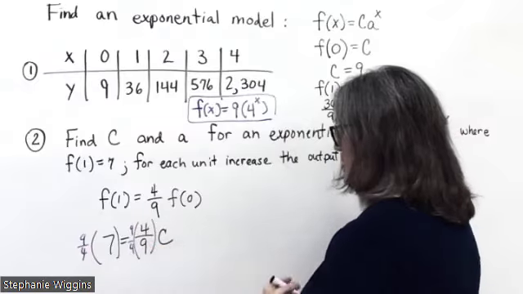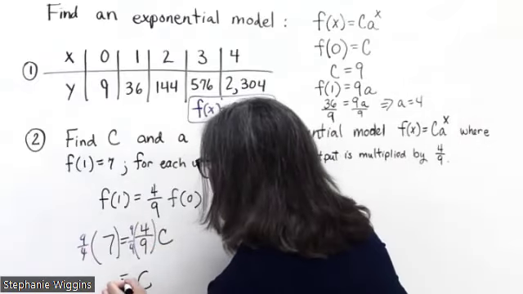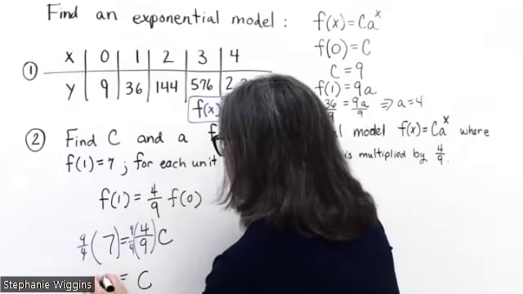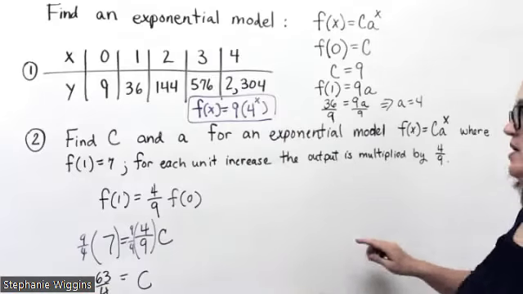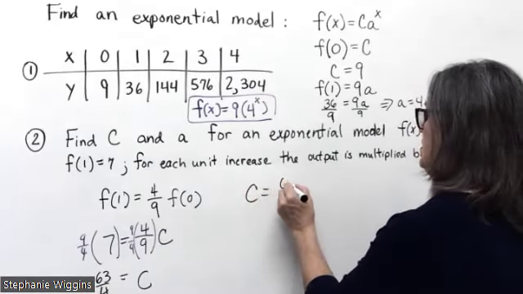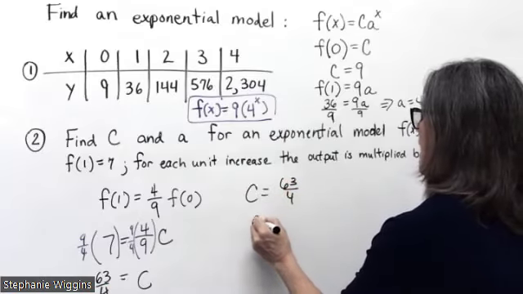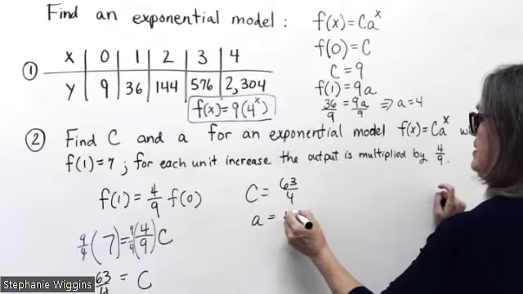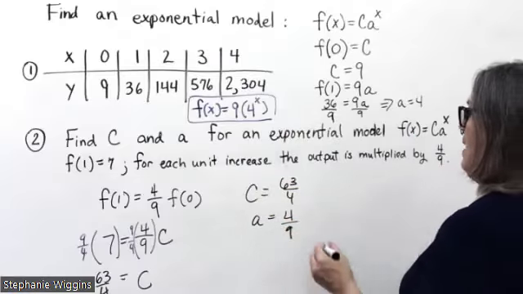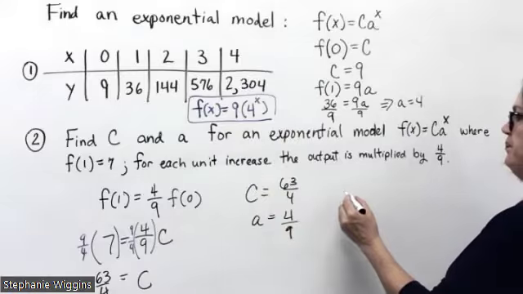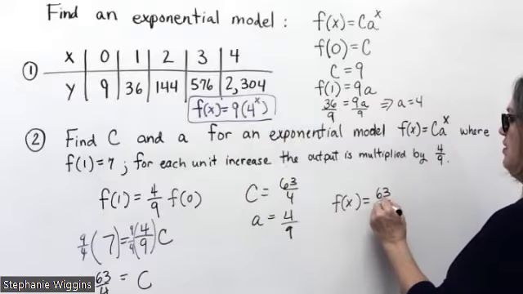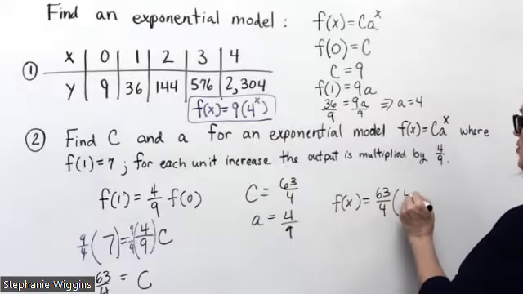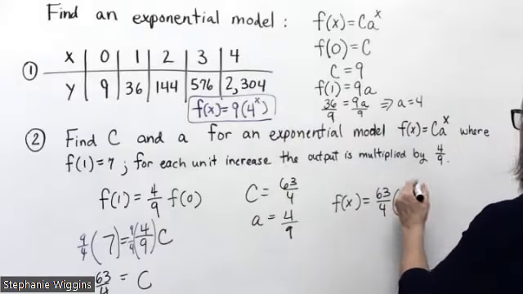So that just leaves me with c. And 9/4 times 7 is 63/4. So now I found c, and I already know a is equal to 4/9. That's given to us. So our model then is f of x equals 63/4 times 4/9 to the power of x.